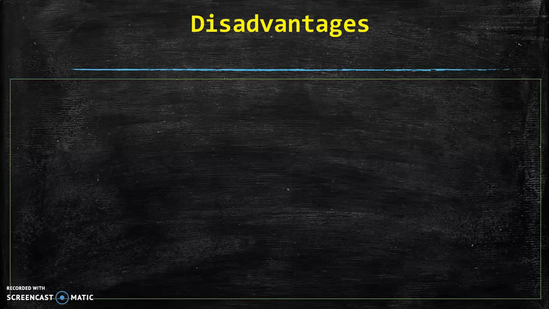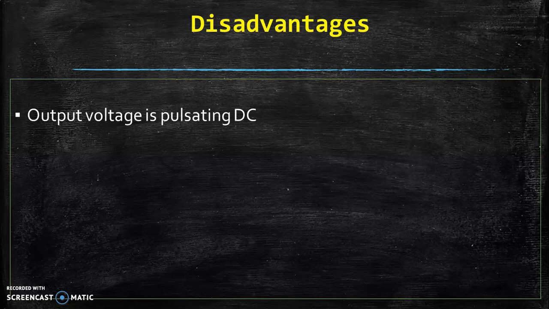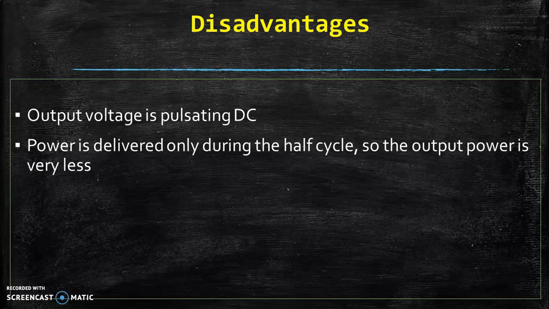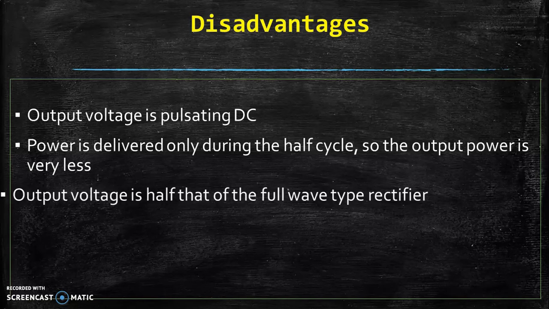We have certain disadvantages of the half wave rectifier. Output voltage is pulsating DC. We have seen the waveform. It is not a constant DC, but we are getting pulsating DC at the output waveform. Power is delivered only during the half cycle, so the output power is very less. If we calculate the average power, the power at the output side is comparatively very less.